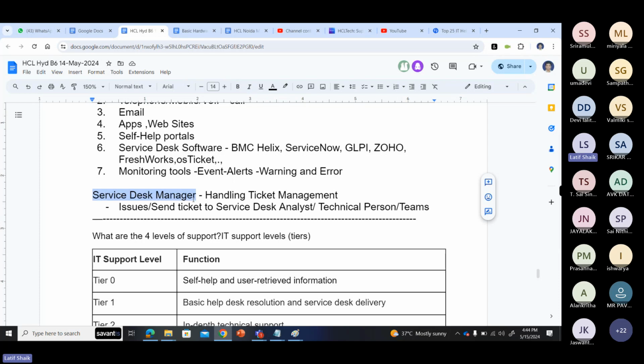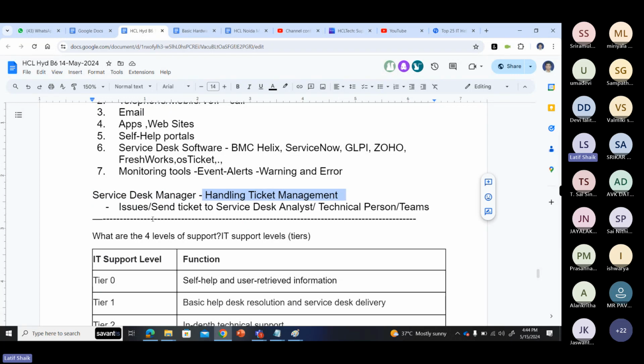Service desk manager. Generally, the service desk manager can be a person or it can be software, depending upon the ticket and the content in the ticket that has to be handled. If the service desk manager is a person, he handles this ticket management.